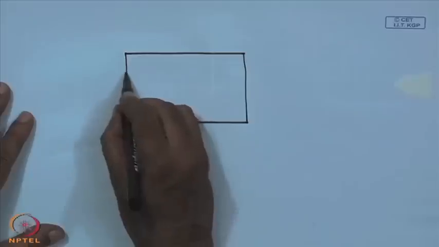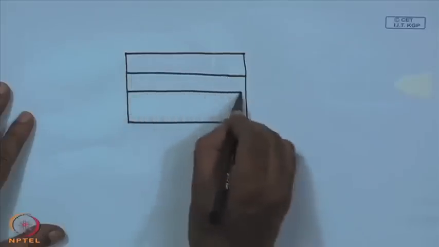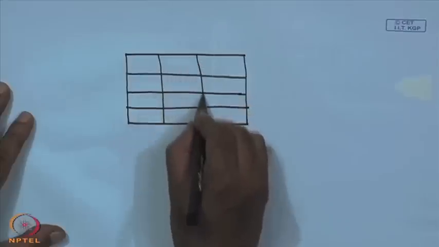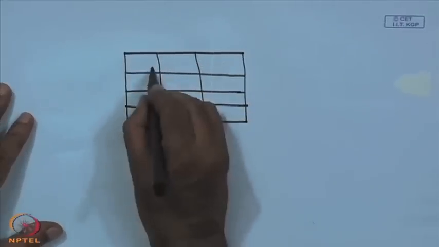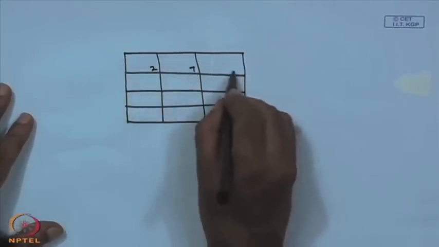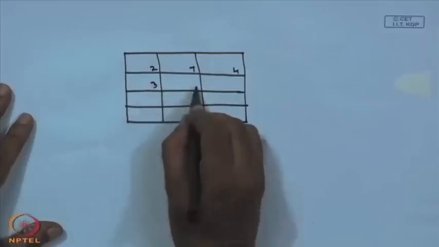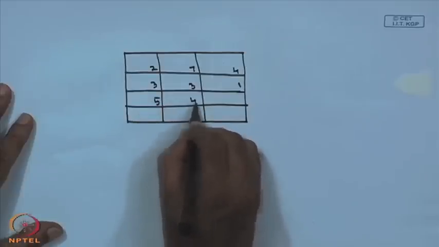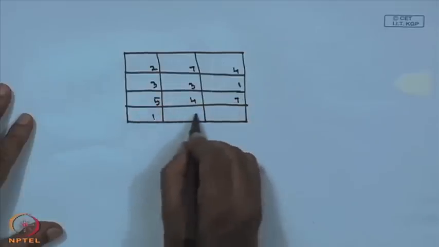I have 4 rows, 1, 2, 3 and 4, and 1, 2 and 3 columns. So, it is 2, 7, 4, you have 3, 3, 1, you have 5, 4 and 7, 1, 6 and 2.